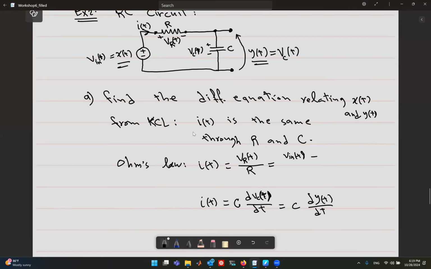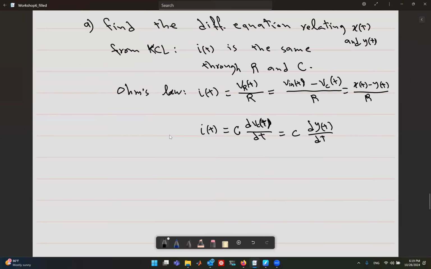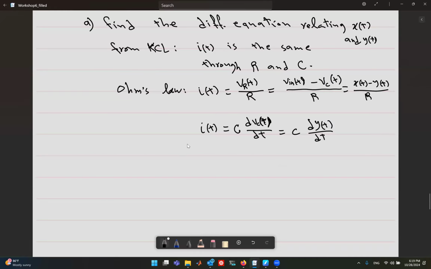So we have vn(t) minus Vc(t) divided by R, which can also be written, if we substitute, vn is x(t) and Vc is y(t), as x(t) minus y(t) divided by R. Now those two equations are the same because both are representing the same current value. So we can equate them.